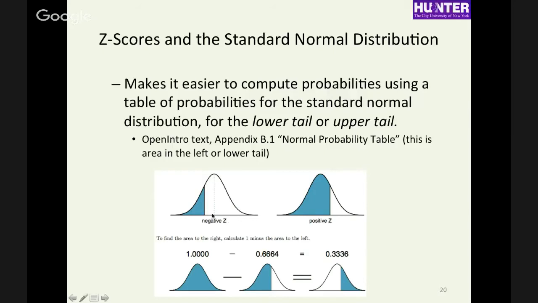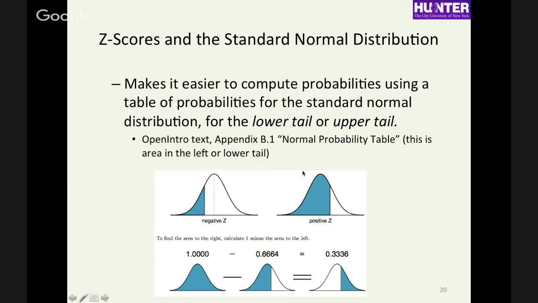It's a nice one because it gives probabilities for negative values of z and positive values of z. A lot of tables of the standard normal distribution don't do that. They'll only give you one of them. Anyone want to hazard a guess as to why? Suppose you had a table that only gave you the area, the shaded area for negative z, and then didn't give you anything for the positive z's.